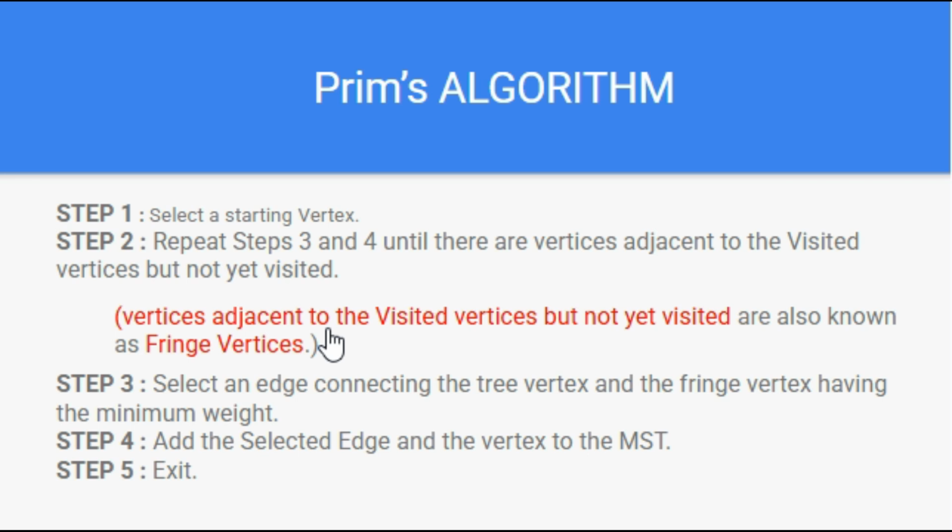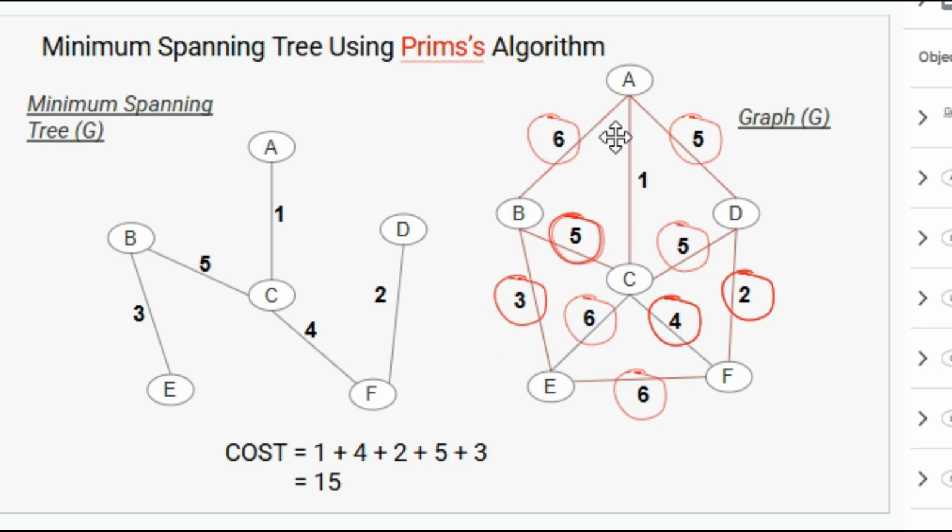If you have a look at the previous example, when we had made a choice up to this point, we had covered A, C, F and D. Now B was adjacent to C. C has already been visited but we have not visited B yet. So B is a fringe vertex at that point.